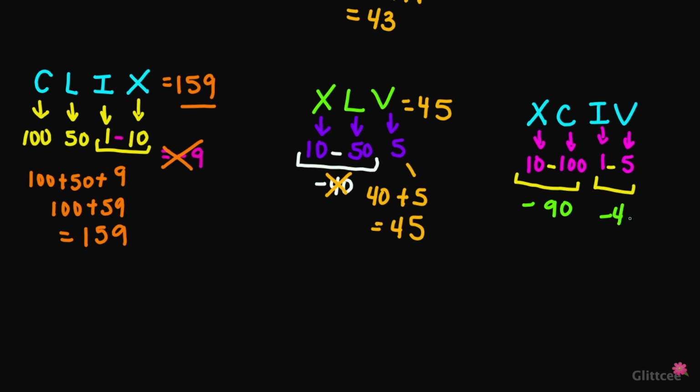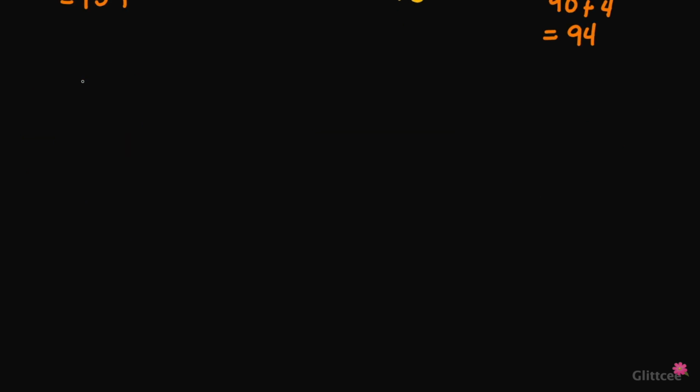But remember, no negatives. We're not dealing with negative numbers. So this is going to be 90, and this is just going to be 4. So my answer, I'm adding, is going to be 94. So XCIV equals 94.